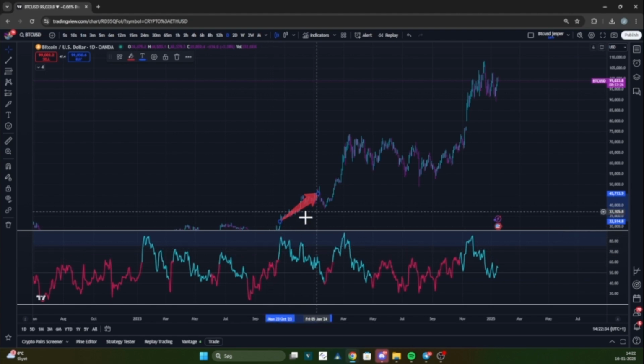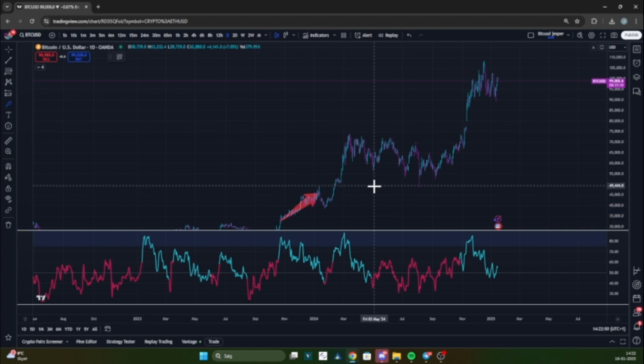So this actually tells me that when traditionalists consider the price overbought, this is where it starts to get really hot and we have massive movements to the upside.